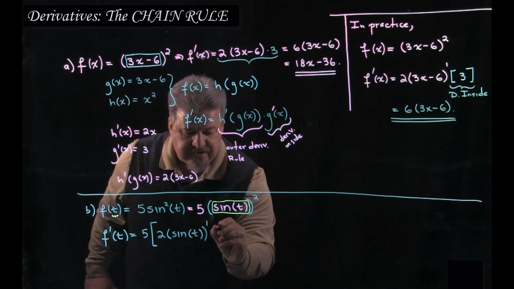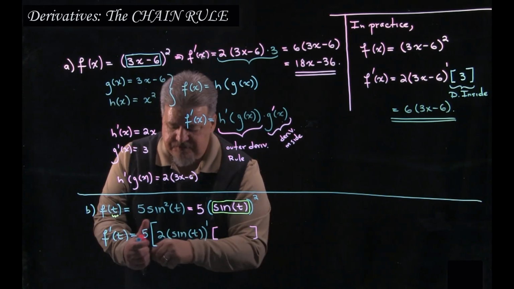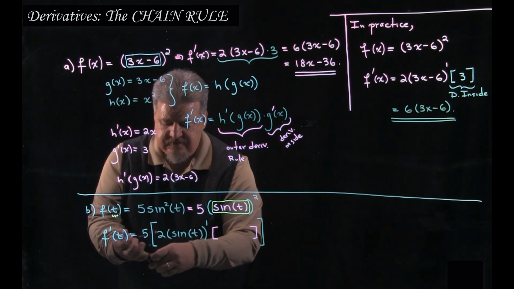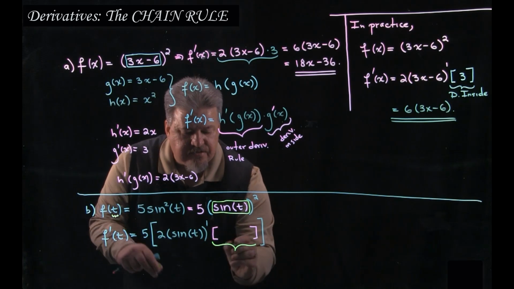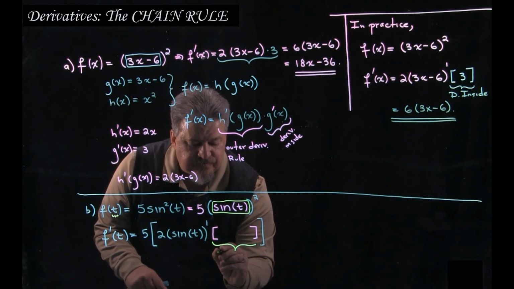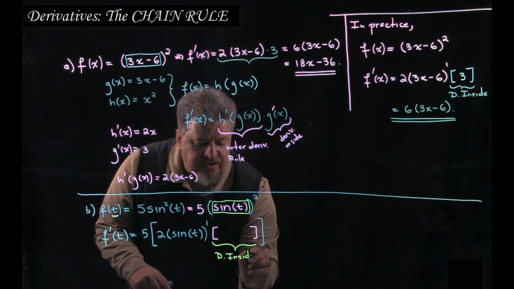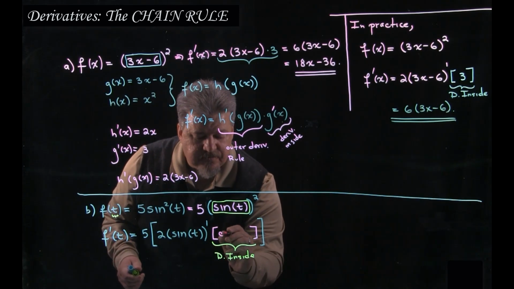Now am I done? No. Now this is where the chaining comes in. Now you have to multiply by the derivative of the inside function. So that's what goes here. See, this is the outer rule we just completed. So now in here goes the derivative of the inside function. And what is the derivative of sine? Well, it's cosine.